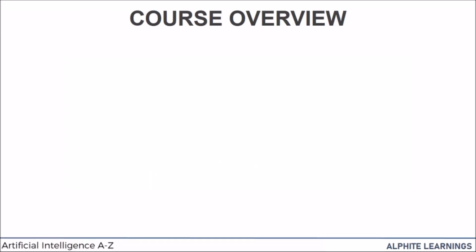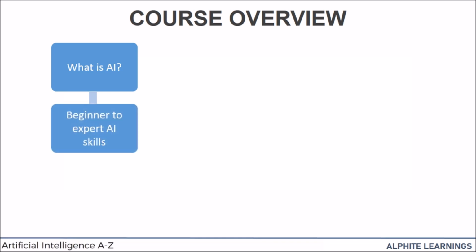So moving on, we'll start off with our course overview. First, we'll start off with what is AI, where AI is used most, and what is the scope of AI. Next we'll start with beginner AI skills, and we'll take you to expert level AI skills.